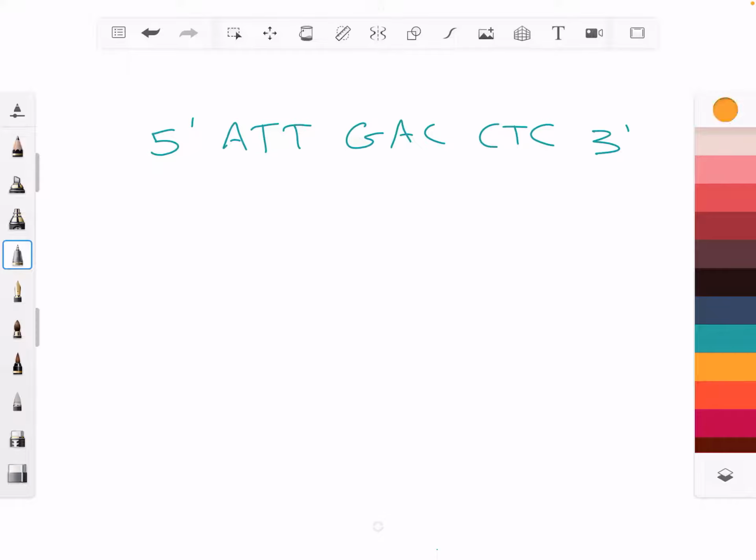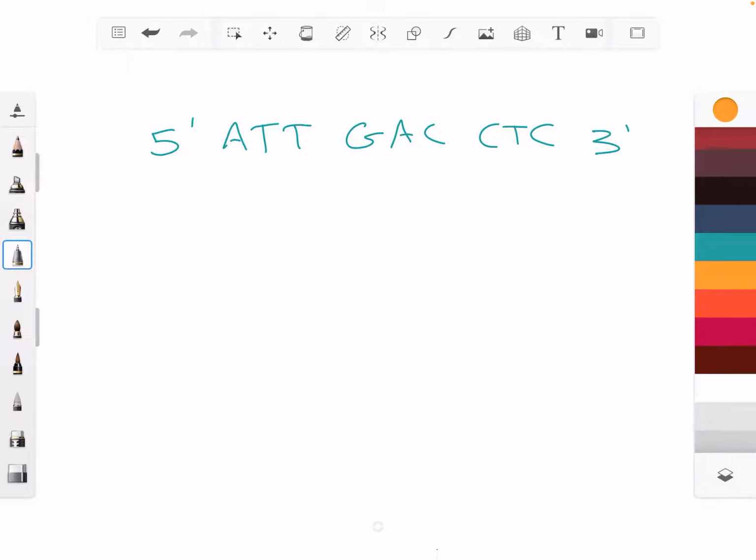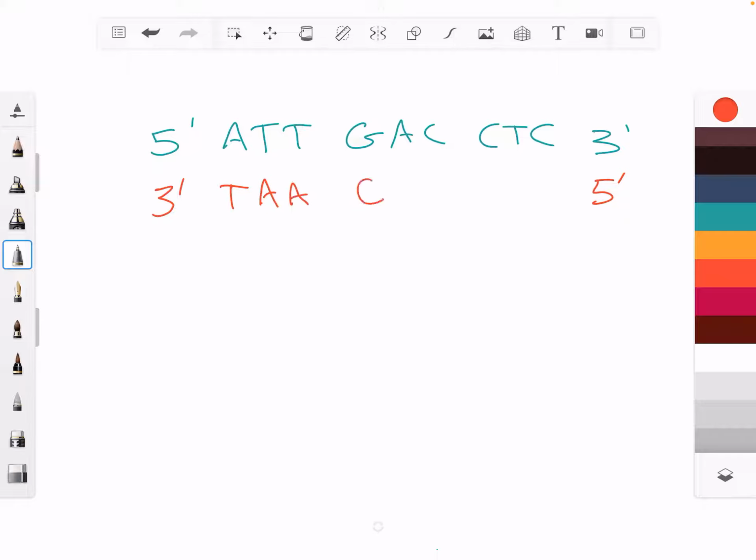And then our other strand will have the 3' end where the top strand has the 5' end, and vice versa. And we'll write in the complementary nucleotides, which would be TAA, C, T, G, G, A, G.